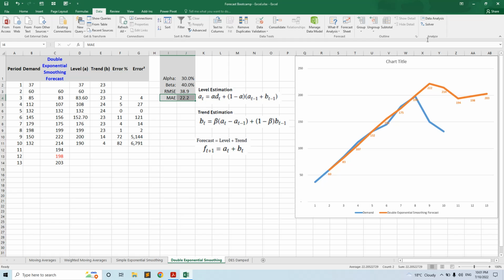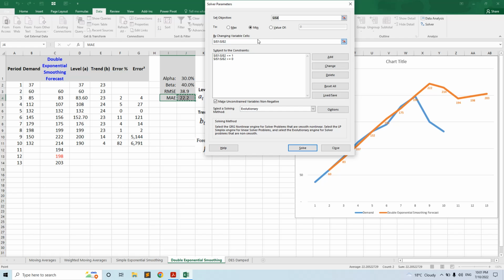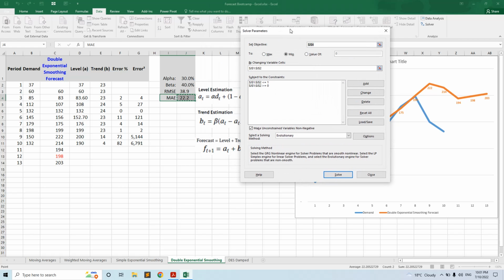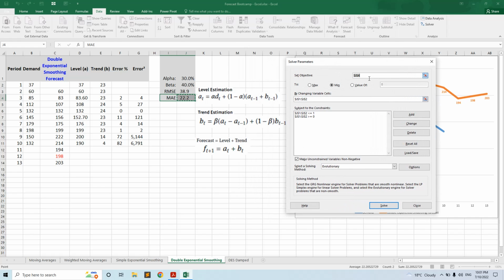We will use Solver like in the simple exponential smoothing. We have already the parameters filled, so the objective is to minimize the mean absolute error, J4, by changing variable cells alpha and beta, okay, with the constraints alpha and beta to be between 0 and 1.